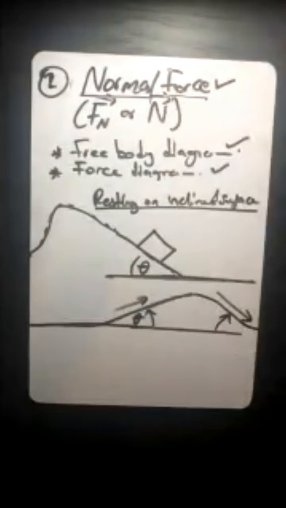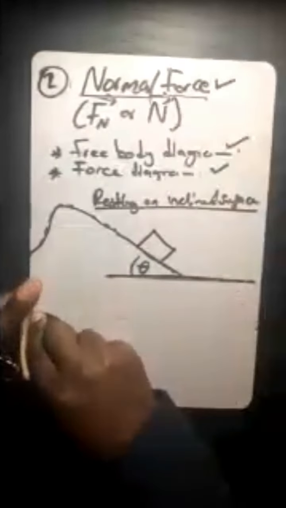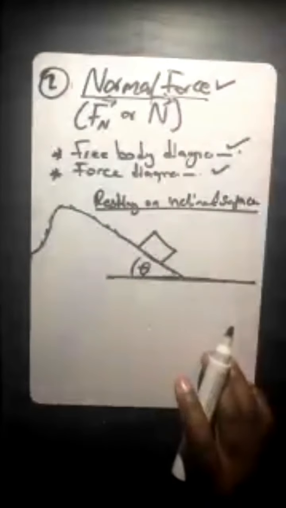That is the angle that they normally use in this chapter. In this case, I want us to have a look at an object which is at rest on an inclined plane or surface, and check what happens in terms of normal force in that case.